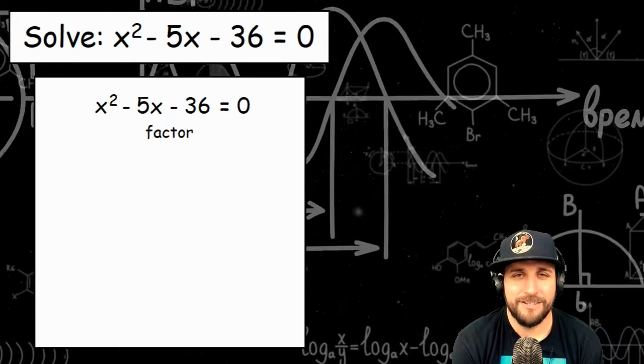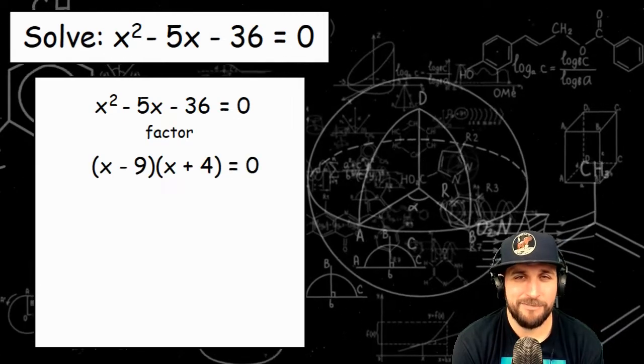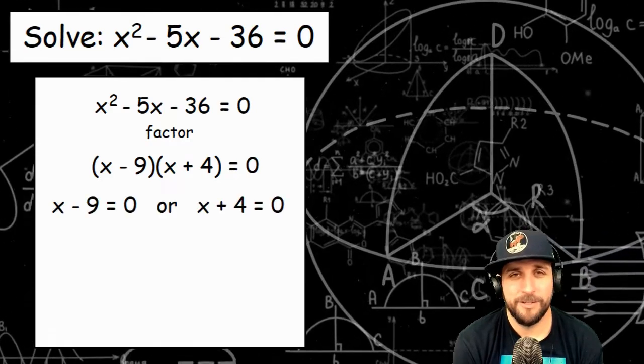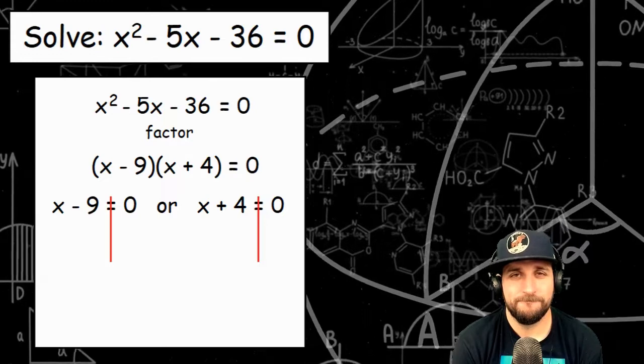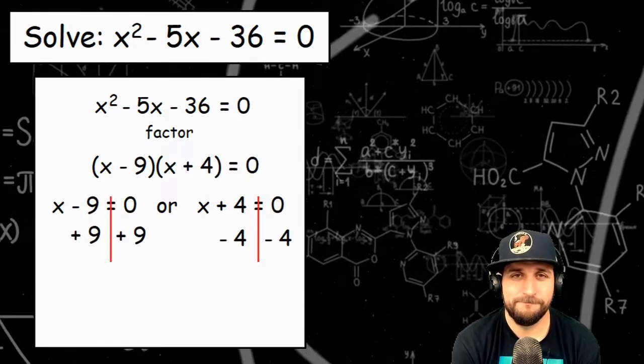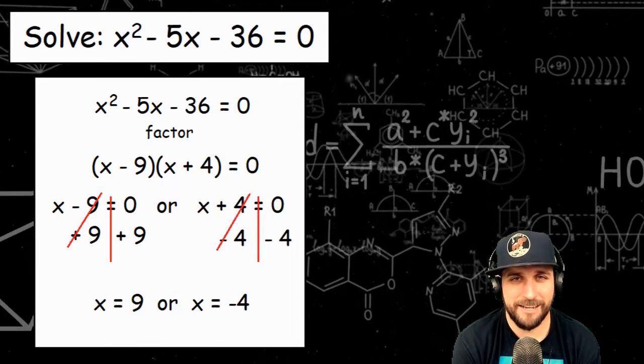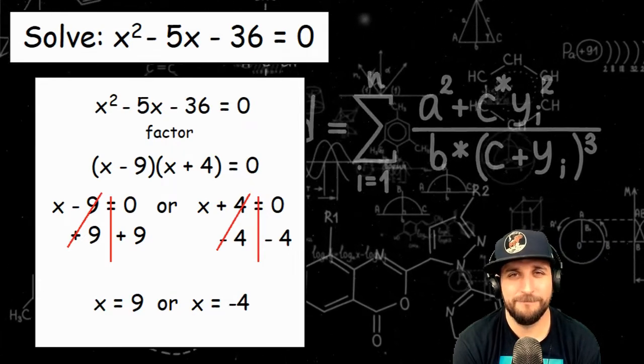That factors into x minus 9 times x plus 4 equals 0. So set them both equal to 0. Solve. So x equals positive 9 or x equals -4 would be my solutions.